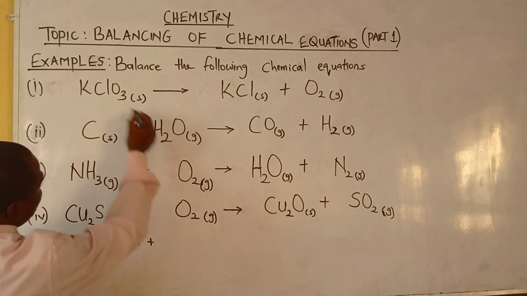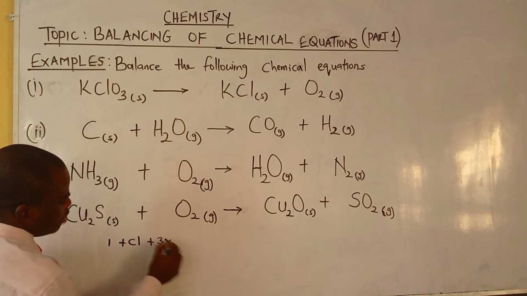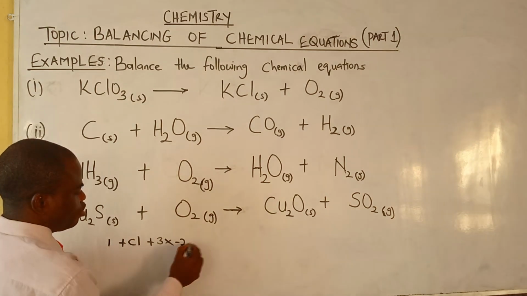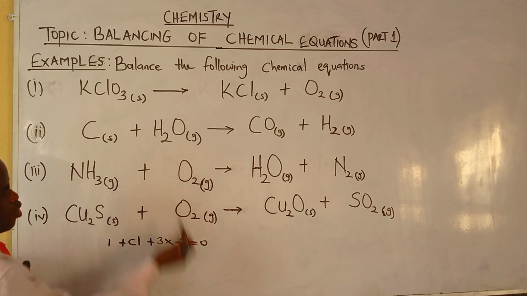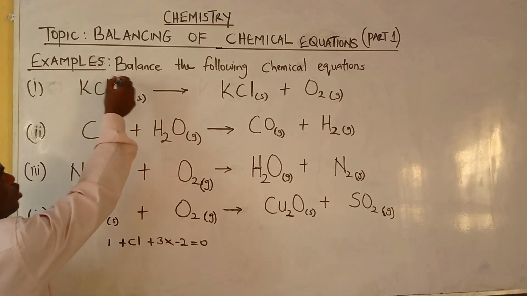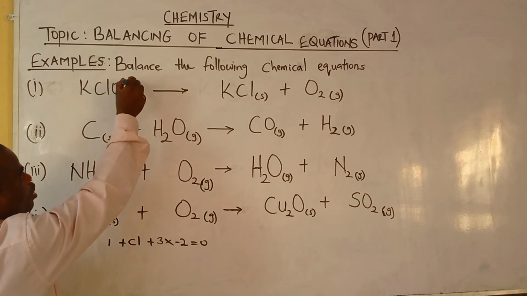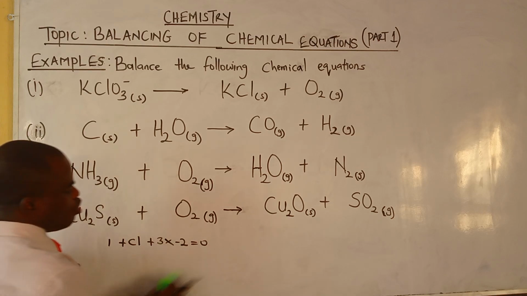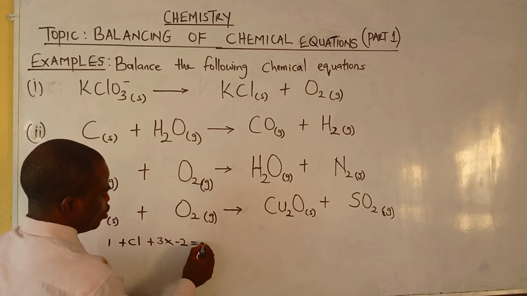Now let's see. We have 3 times the ion on top of oxygen, minus 2, equal to 0. We equate it to 0 because there's no ion shown on top. Sometimes you might be given a negative like this; in that case, you equate it to minus 1.